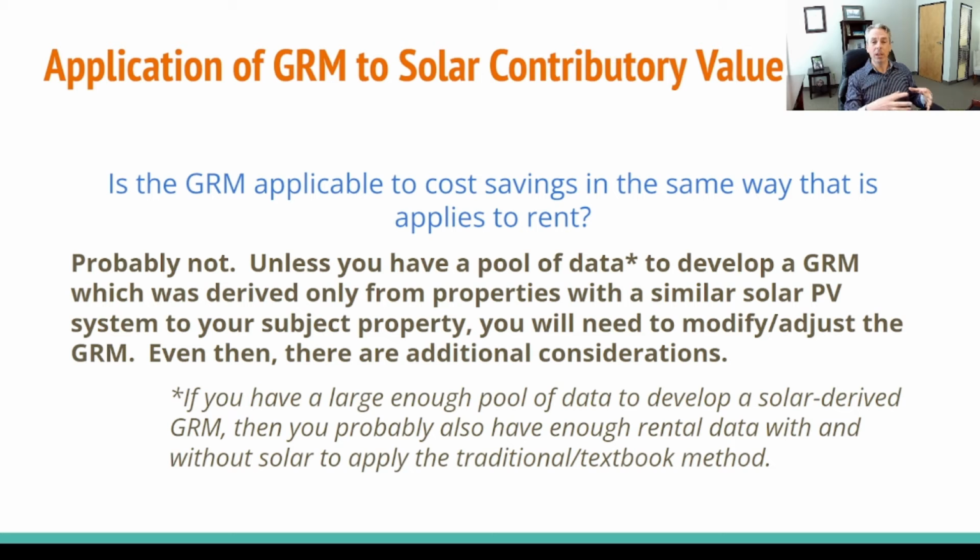Unless you're looking at a pool of data where you're developing your GRM from properties rented with solar, that GRM is not going to necessarily apply, and I'll demonstrate that in a moment. So if that's the case, you're going to need to modify or adjust that GRM first. And even if you have that perfect pool of data, there are still some other considerations that you'd want to make.